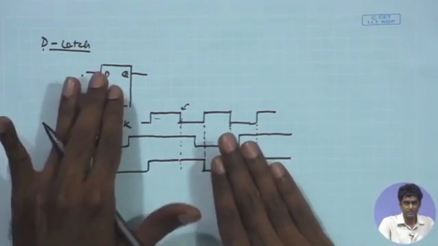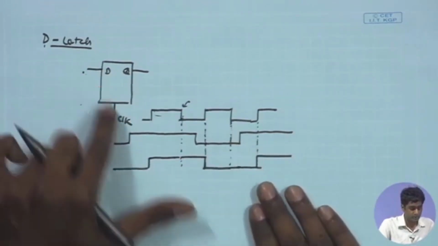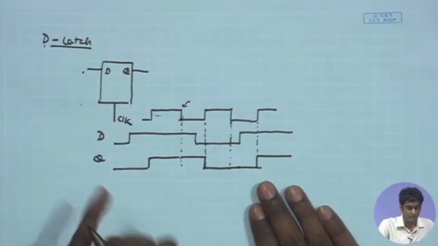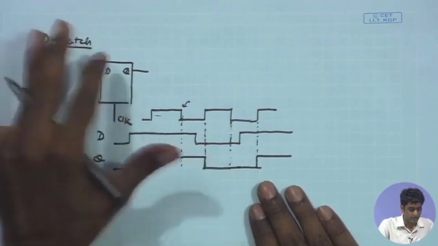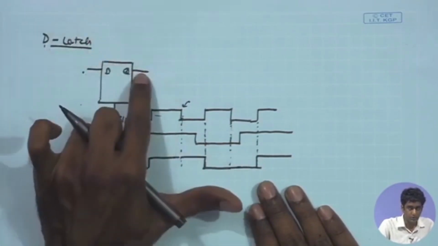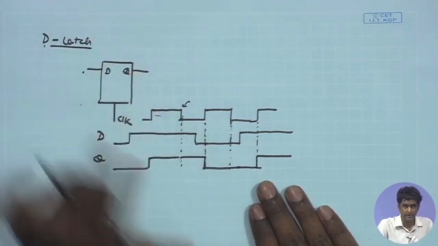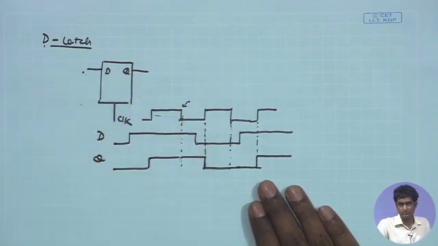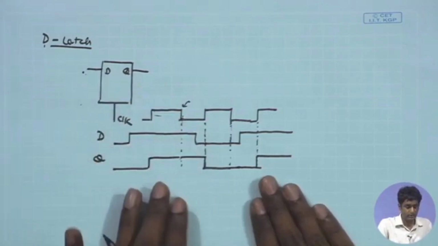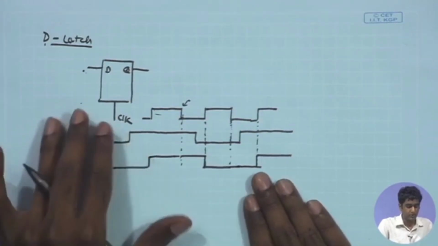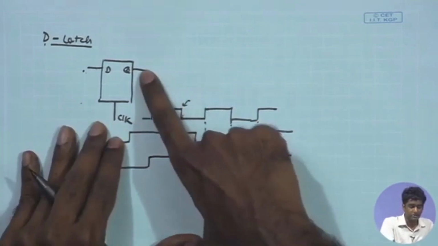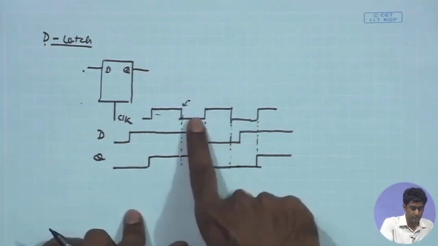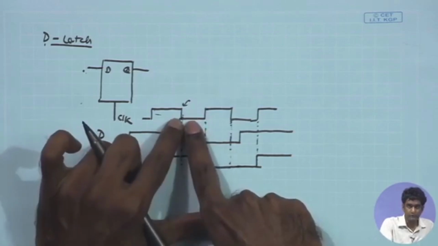The latch becomes transparent when the clock is high, and it disconnects D and Q when the clock is low, and Q retains the level that was available at the falling edge of the clock. This is the operation of a latch. So why do we call it a latch? Because it is latching on to the data which was available at the falling edge of the clock.